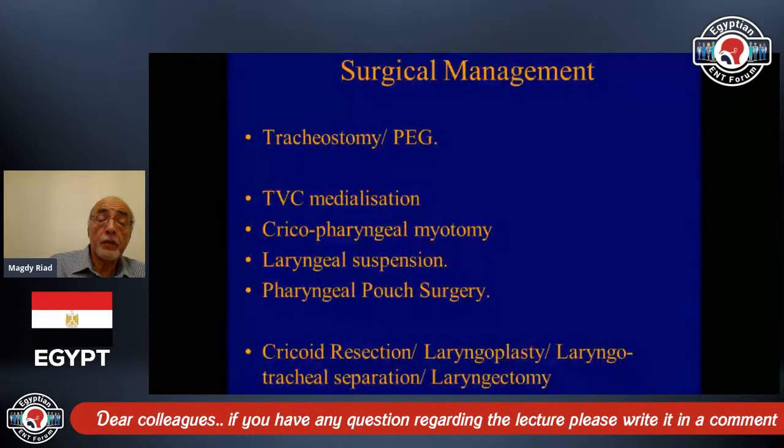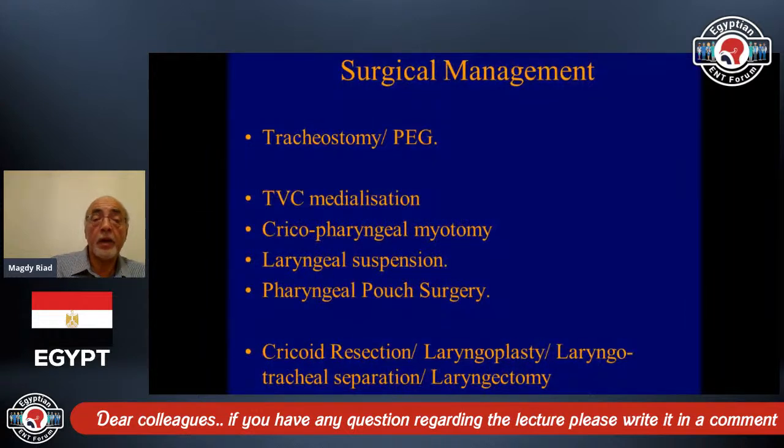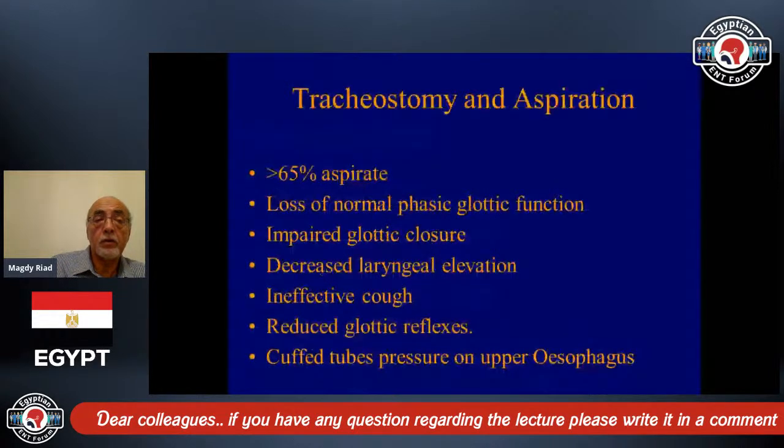But if it's a severe degree of aspiration or life-threatening, you may have to consider more drastic procedures like laryngoplasties, in which you close up most of the larynx or separate the larynx from the pharynx, or even remove the whole of the larynx itself. As I say, tracheostomy is not good for your swallowing, and most of the patients would continue to aspirate or start aspirating if they have not.